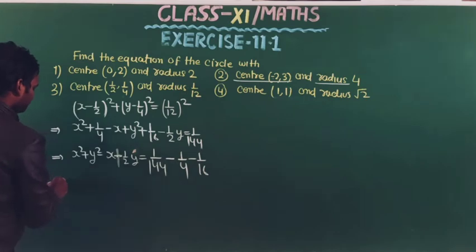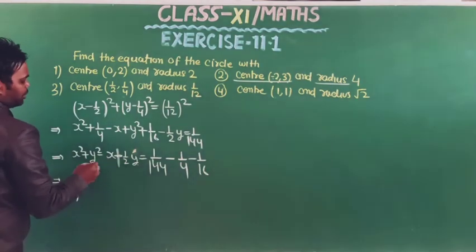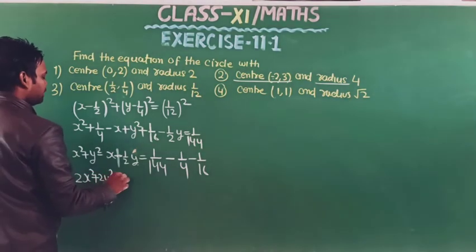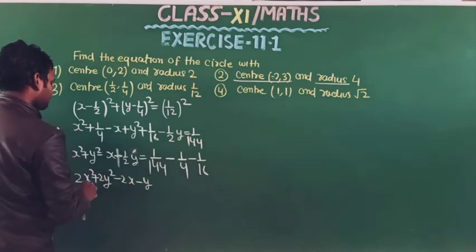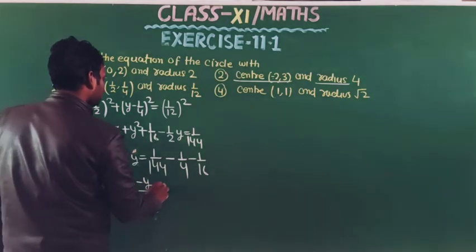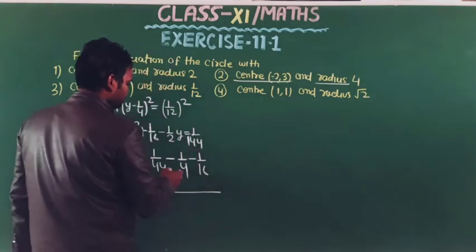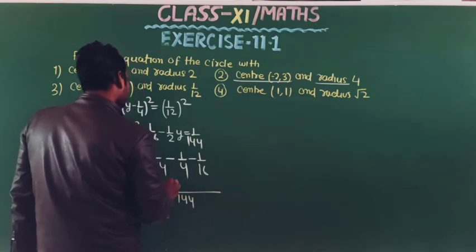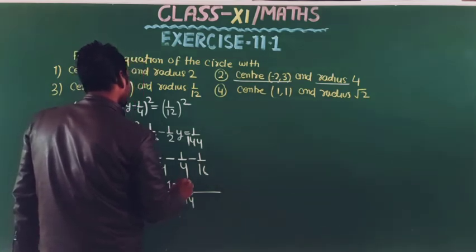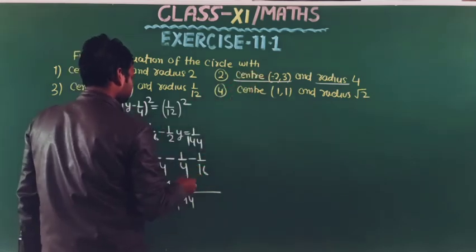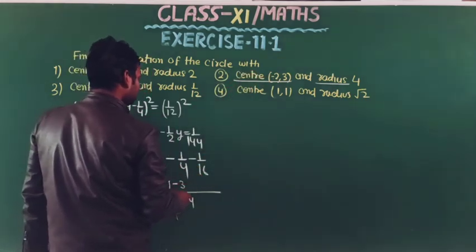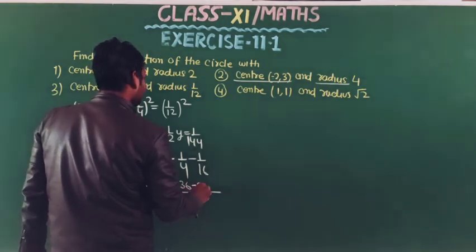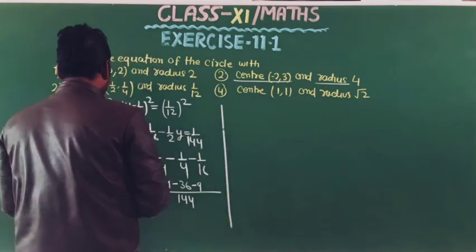So left hand side equation becomes 2x square plus 2y square minus 2x minus y upon 2 equal to, and this right side will be 1 by 144 minus 36 minus 9, and further simplify.